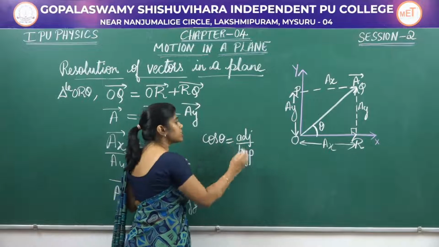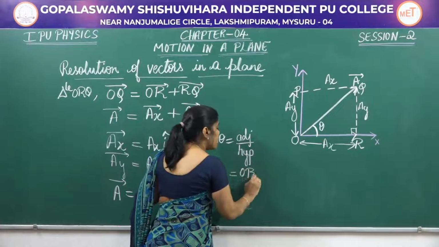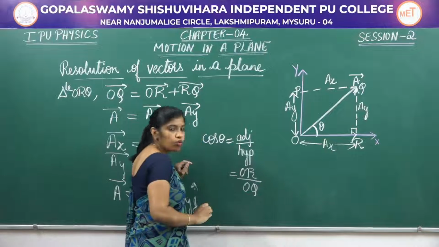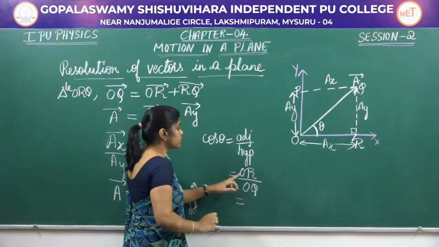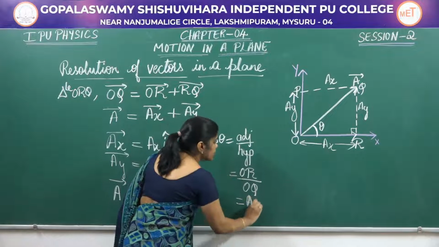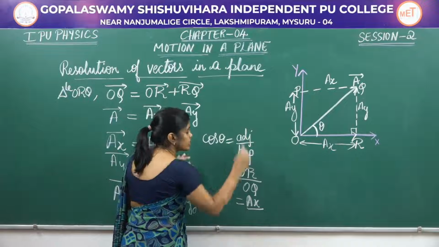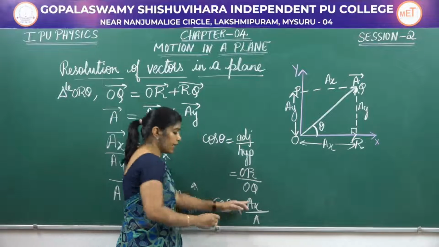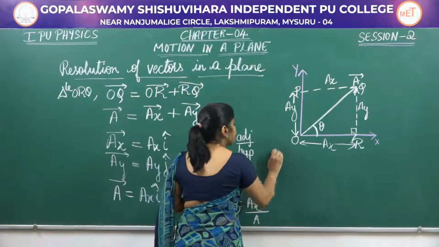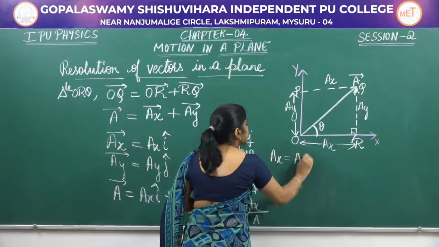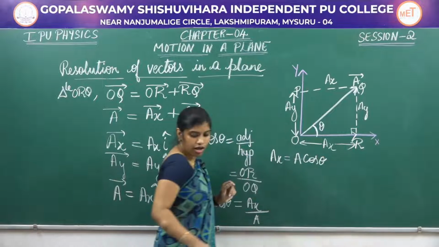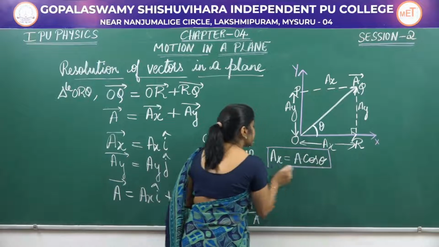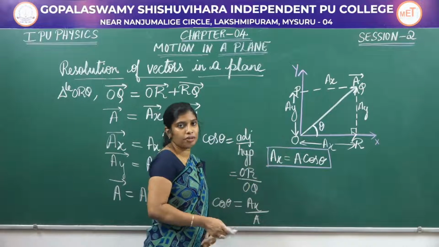Therefore I can write adjacent as OR and hypotenuse as OQ, or OR is nothing but AX and OQ is A. Therefore, if cos theta is AX by A, then the value of AX will be equal to A cos theta.